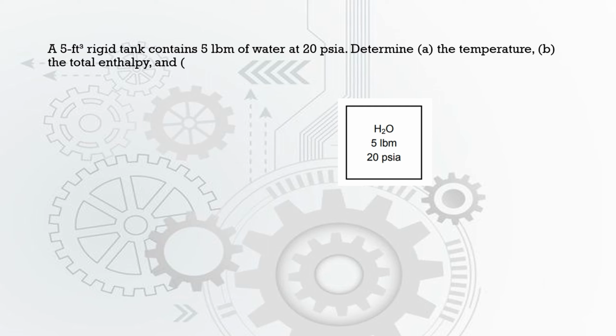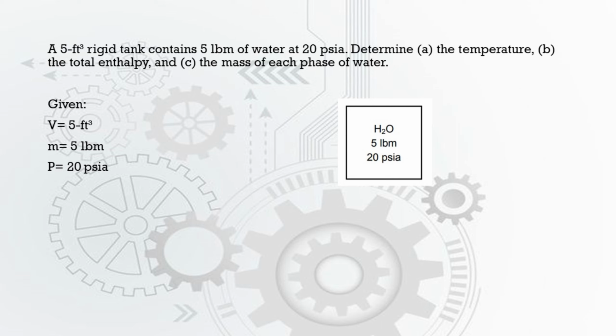Determine the temperature, the total enthalpy, and the mass given phase of water. The given values are volume equals 5 cubic feet, the mass which is 5-pound mass, and the pressure which is 20 pounds per square inch absolute.